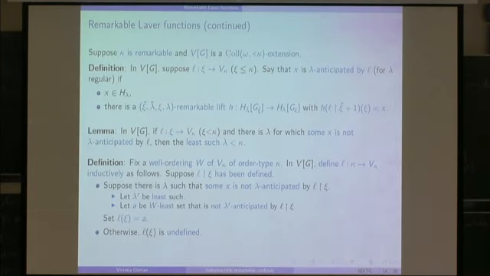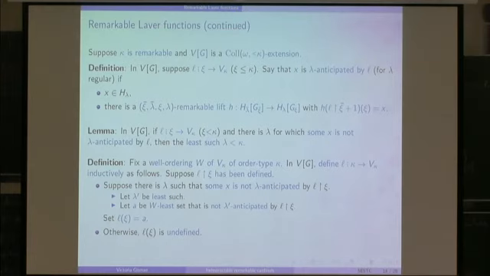So let's say that it's lambda anticipated if there's an embedding which anticipates it. And otherwise, it's not lambda anticipated. And so I will want to make L of Xi be the least thing that's not lambda anticipated for the least lambda. Now, it's really important, because the function should map into V kappa, that the least such lambda be less than kappa. Otherwise, the whole thing breaks down.